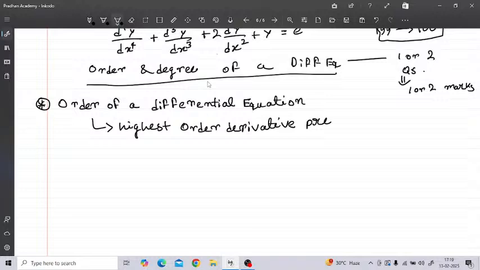Highest order derivative present in the differential equation. Let's consider some examples. Example number 1.